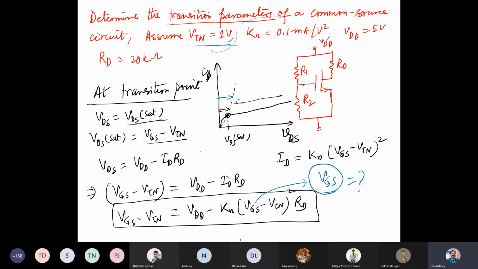Once we know the VGS value, you can find the drain current. Once you calculate VGS from this equation, you plug it into the drain current equation and obtain the ID value here.